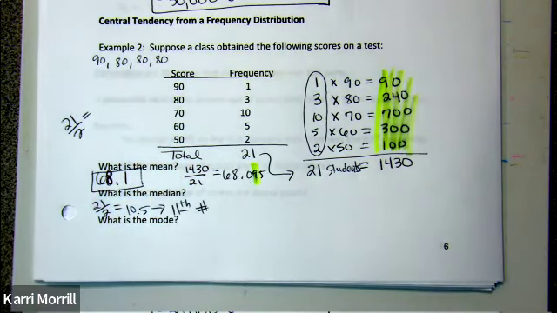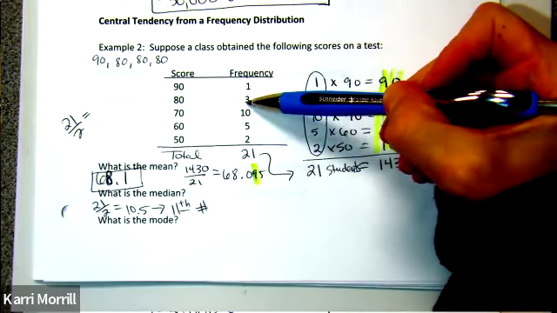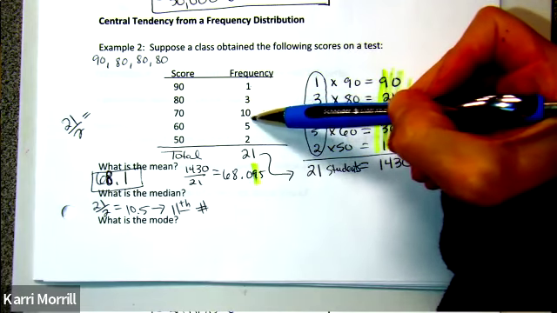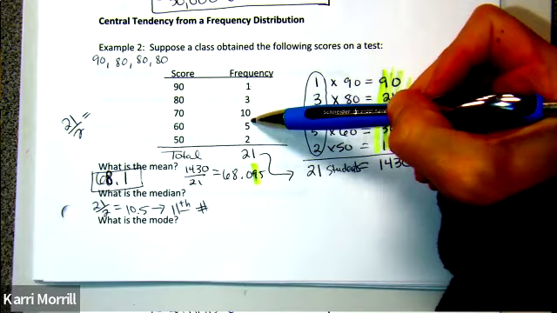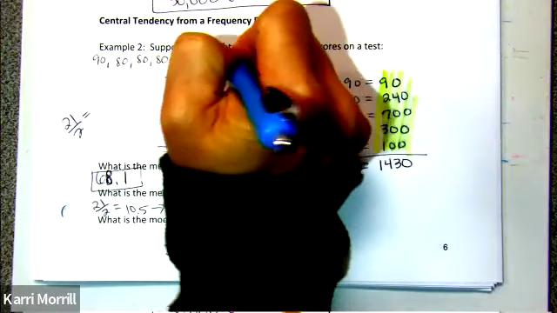Now you don't have to have the whole list out if you don't want to find the 11th number, because I know the 11th is probably going to land right here within the 70s, right? If you need to see that, then you probably should write them all down.